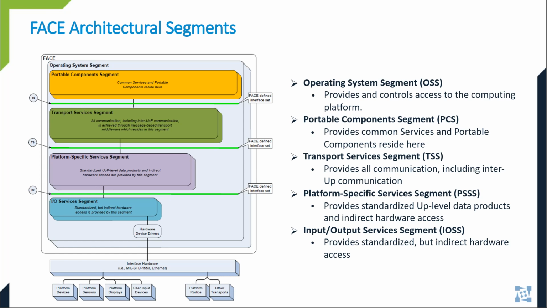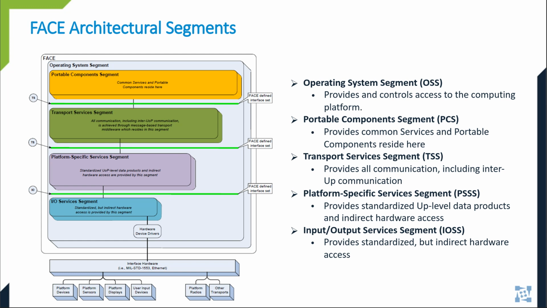Each segment has its purpose, and within each segment, software units, certified FACE UoPs or UoCs, run or execute. I'll go into the software certification process later because that's kind of interesting. Also, for each segment, there are a set of FACE standard requirements that must be satisfied. And I'm going to show you that through a spreadsheet that exists.